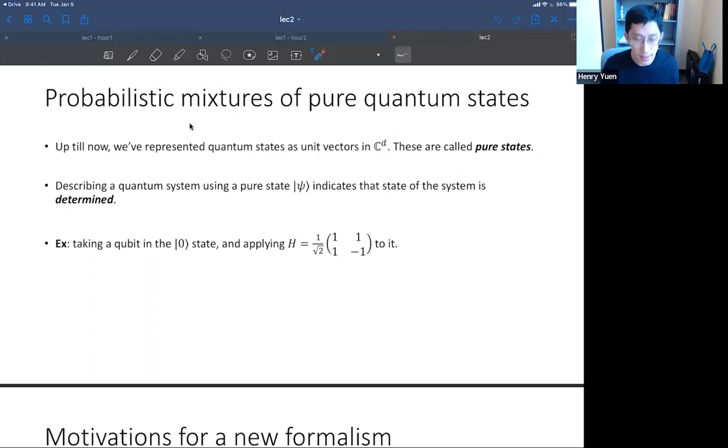Essentially, we should think of pure states as being some kind of deterministic quantum system. What do I mean by that? As an example, let's say you take a qubit state, and it's in the 0 state. Remember that the 0 state is this 2-dimensional vector that's represented like this. And let's say we apply a unitary to this qubit, in particular the Hadamard unitary, also known as the Hadamard gate.